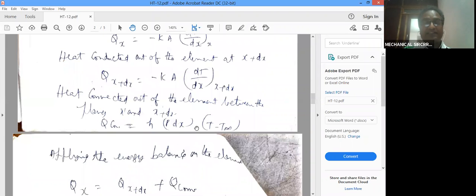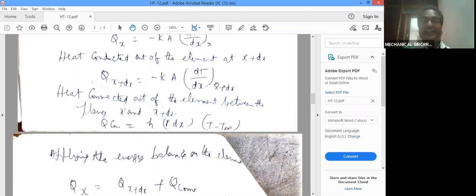Therefore, listen very carefully, Q convection is h into A, that is the surface area, perimeter P into dx, into the temperature difference. The element is at temperature T and the outside fluid temperature is T free stream. That's why T minus T free stream.